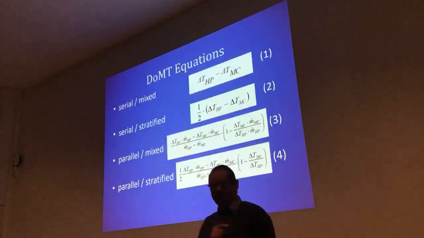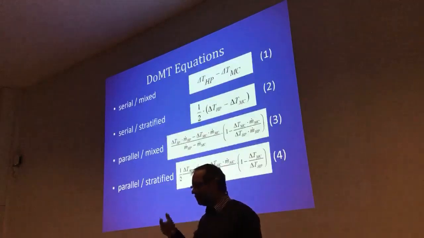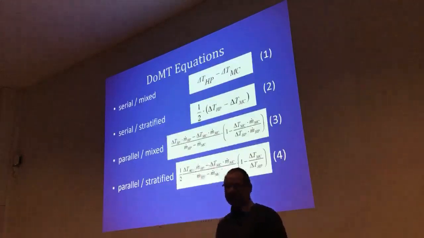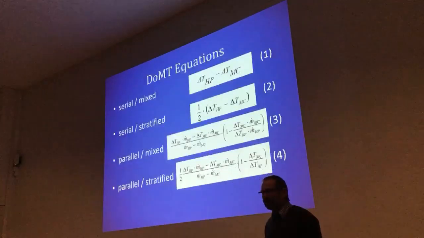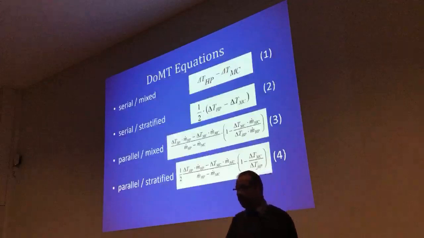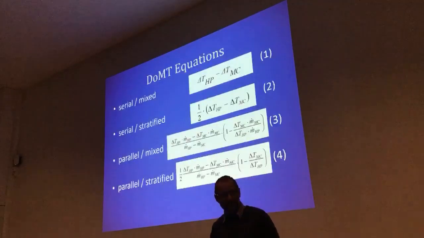The question now was in which way you have to calculate the drop of mean temperature. You have to know: is the storage tank integrated in serial or parallel? And do you have temperature mixing in the tank, or do you have a strong stratification?